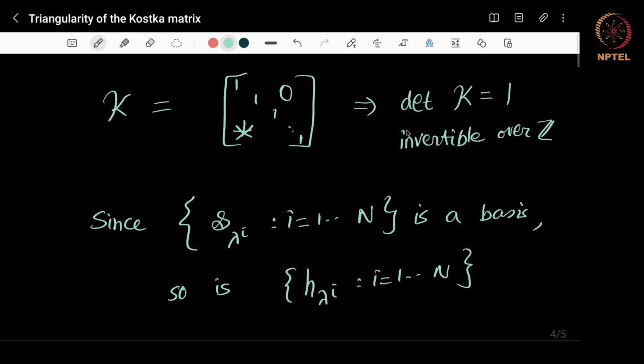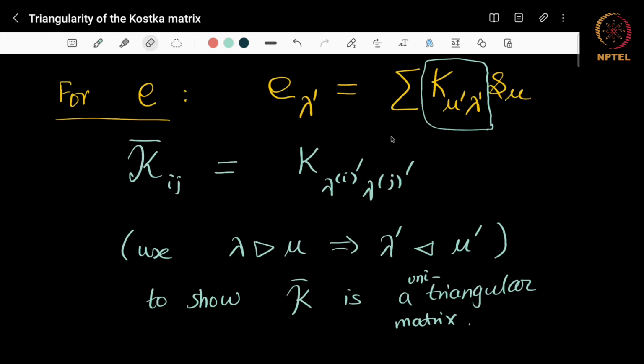Now the proof for E is very much the same. It's just applying the other equation. So let me quickly tell you what one does for E. I'm going to take E lambda prime, and on the other side, the transition matrix has entries K mu prime lambda prime. That's my new matrix.